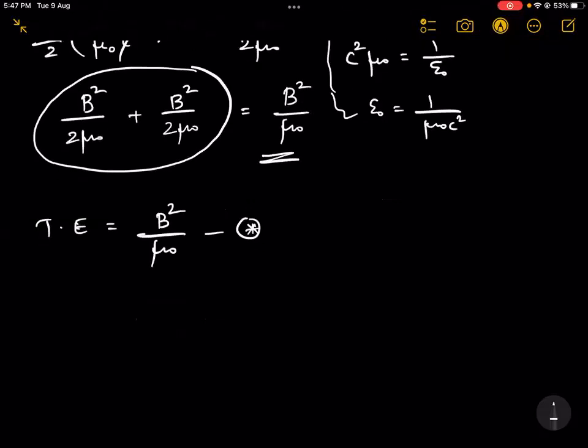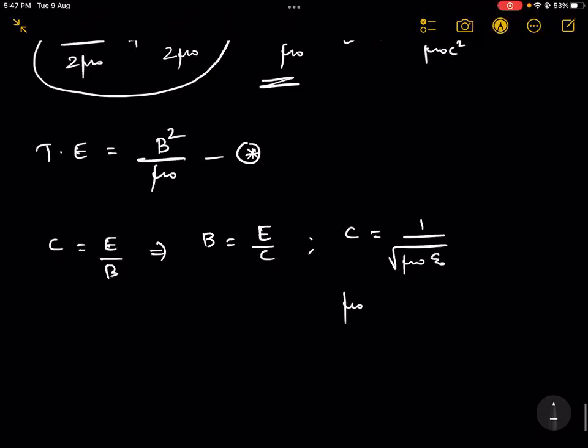Similarly, can I write B in terms of E? Can I? So again, we know that C is equal to E by B. Then what is B? E by C. Similarly, C is equal to 1 by root of mu naught into epsilon naught. So what is mu naught? 1 by epsilon naught C square.